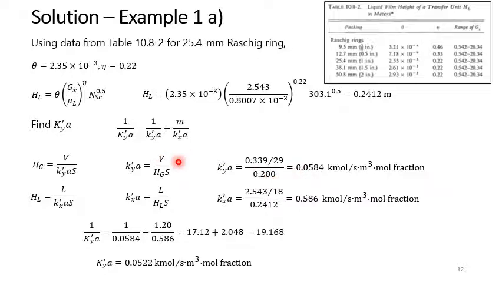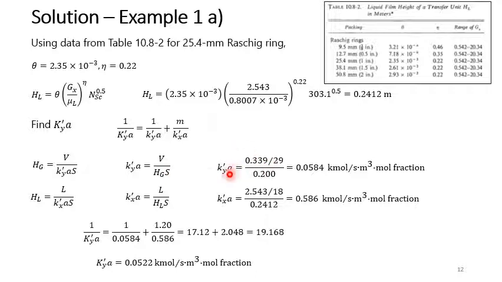So here you just need to be careful of the units, because the given gas and liquid flow rates in the question are in mass flow rate, kg per second per meter squared. That's why we can just ignore the S here, because S is the cross-sectional area.